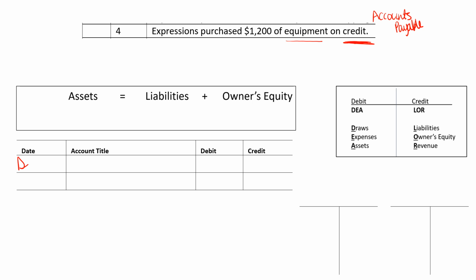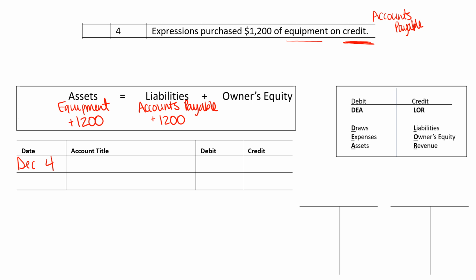So this is December 4th. Equipment is an asset, and it is increasing by $1,200. Like I mentioned, the other thing that we're recording is accounts payable, which is a liability. And we will record an increase to accounts payable of $1,200.